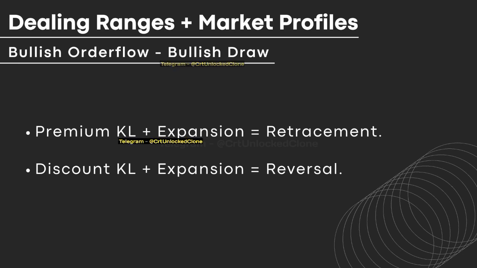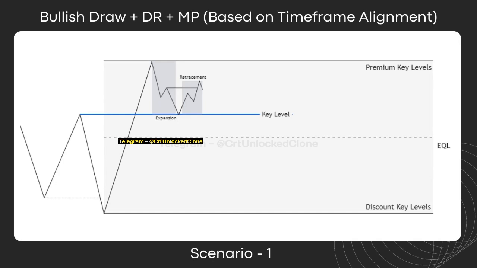Now, let's look at some graphical representation of the different scenarios that we've got. So, considering the drawn liquidity is bullish and the market condition is bullish, and we're combining it with this higher time frame dealing range and the lower time frame market profiles. As I said before, it will be based on time frame elements. So here you can see that we've got this high and this low right here, and what happens is that first we take out the low, and then we take out the swing high right here.